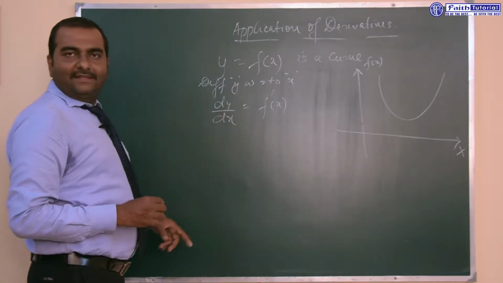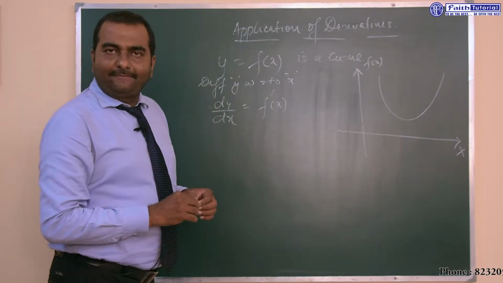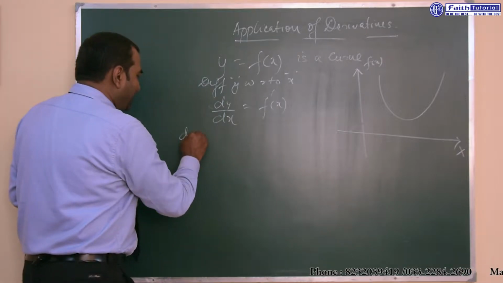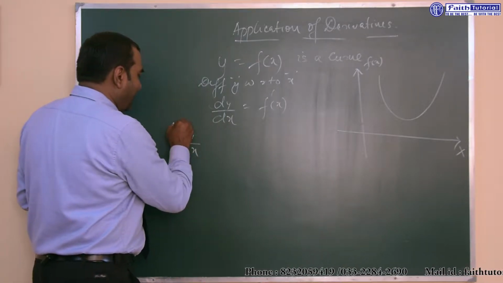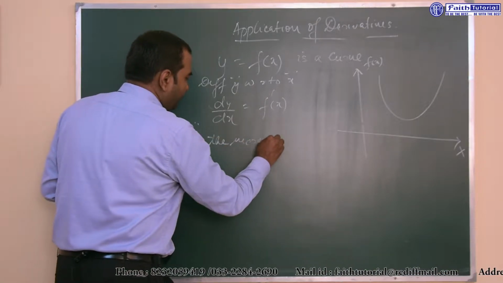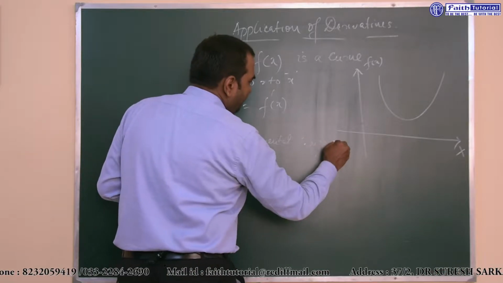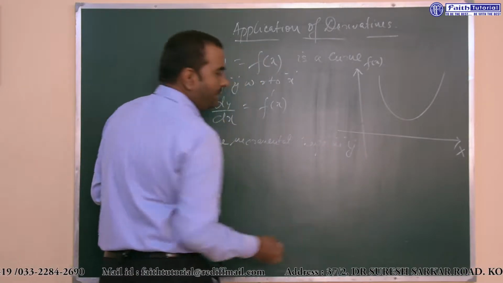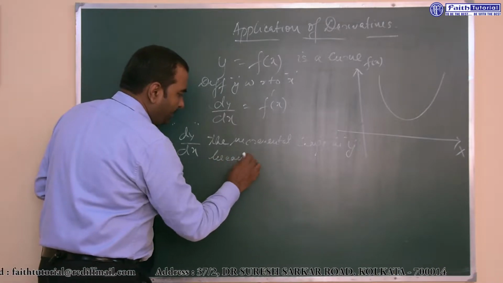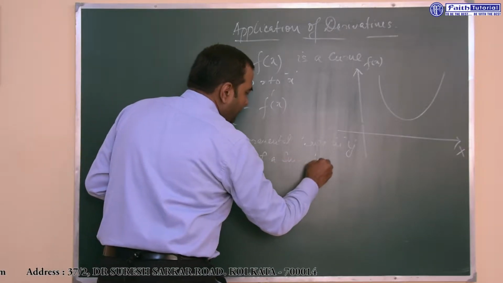Dy by dx means the incremental change in the value of y because of a small change in the value of x. Dy by dx has been defined as the incremental change in y because of a small change in x.